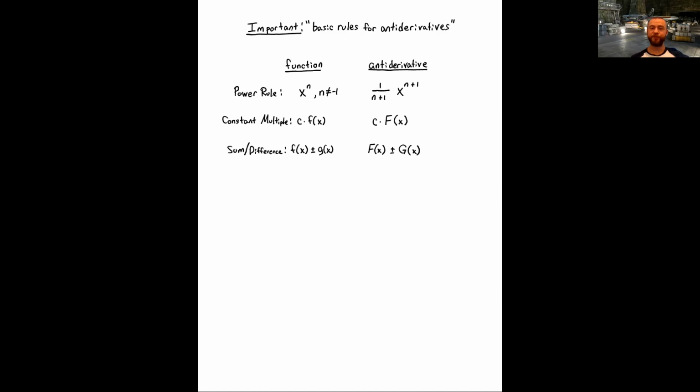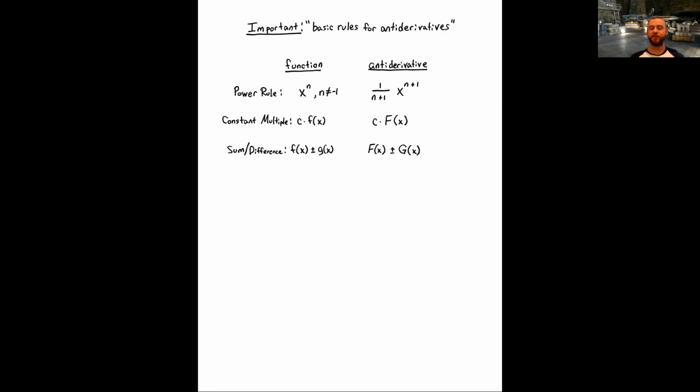Thinking back to some other basic differentiation rules that were introduced when we covered the power rule for derivatives, we had the constant multiple rule and the sum and difference rule. We don't even usually think of applying those.